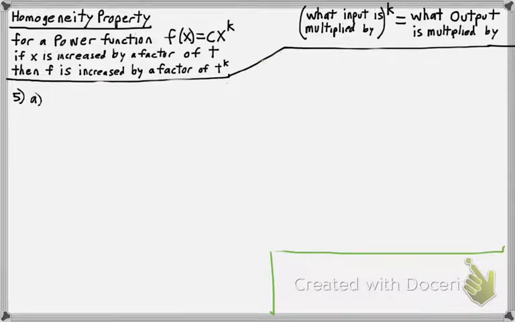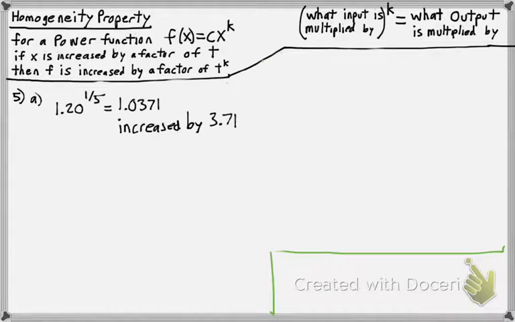So they're increasing the horsepower, or H, by 20%. So I can't just use the 20% directly, I need to write it as 1.20. And if I raise that to its power of 1/5, then I'm going to get 1.0371, which, if I convert that back to a percentage, that means that this is increased by 3.71%.